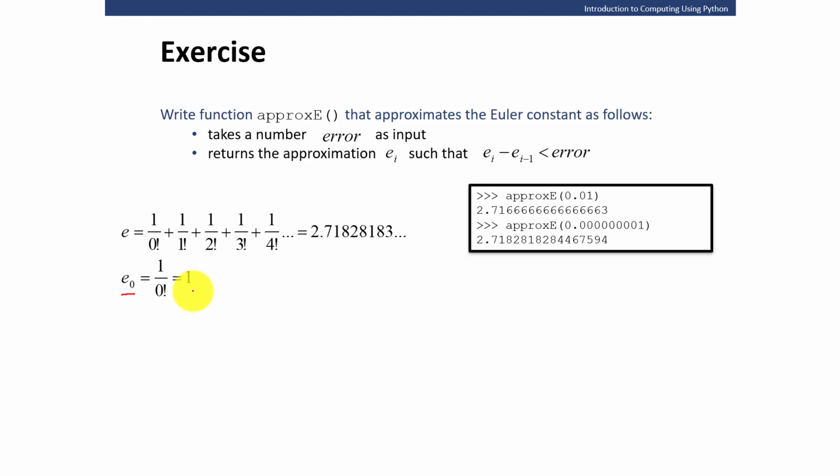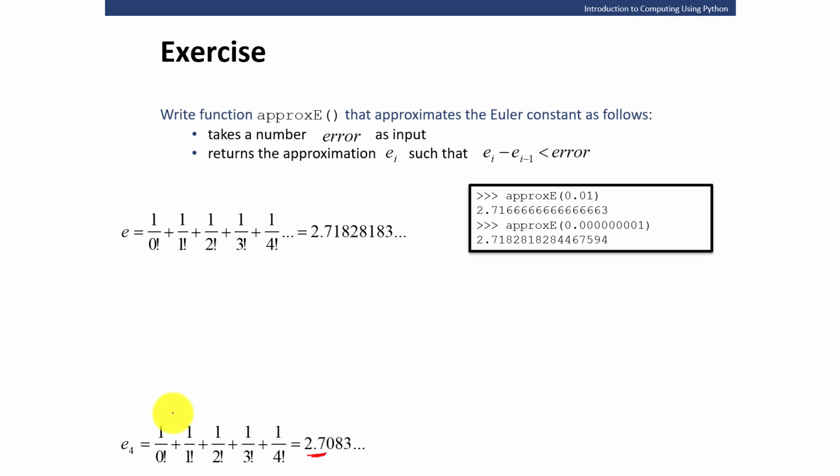The Euler constant can also be computed by having e1, and e1 will be equal to 1 over the factorial of 0 plus 1 over the factorial of 1, which is equal to 2. From now on, we're going to get fractions, if you notice. So we start with 1, 2, and then we get fractions. e2 will get us 2.5, e3 will get us 2.6, and so on. e4 will get us 2.7.